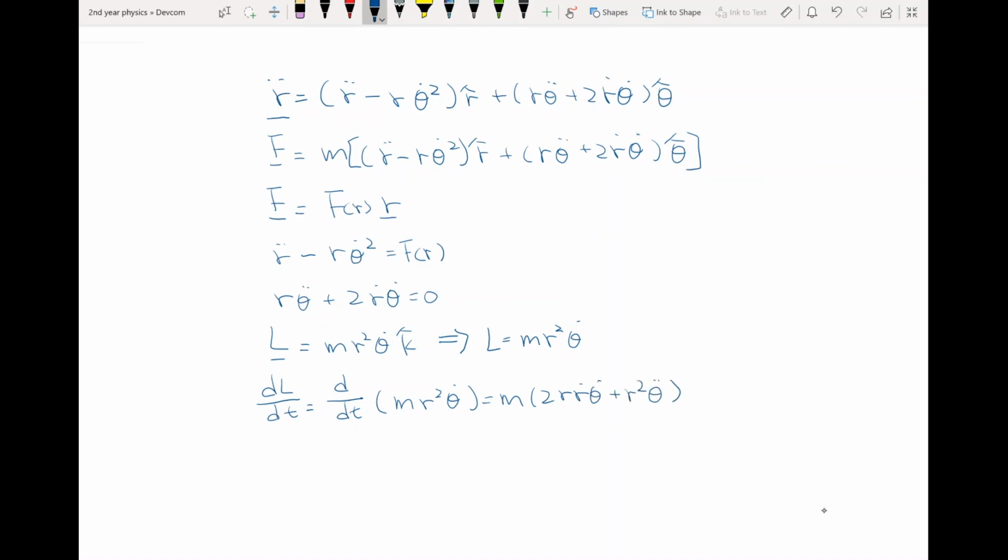Now, we have already proved that this term equals 0, and we could see it again in the formula for differentiated angular momentum, so we can easily deduce that dL by dt is equal to 0. Therefore, we have proven that angular momentum must stay constant during circular motion.